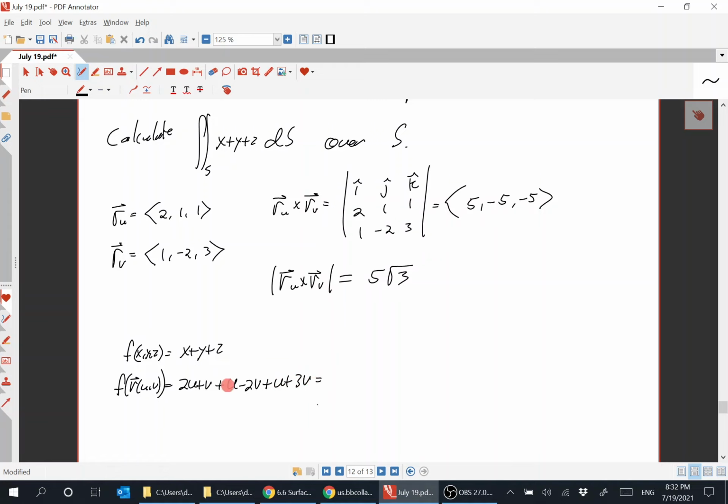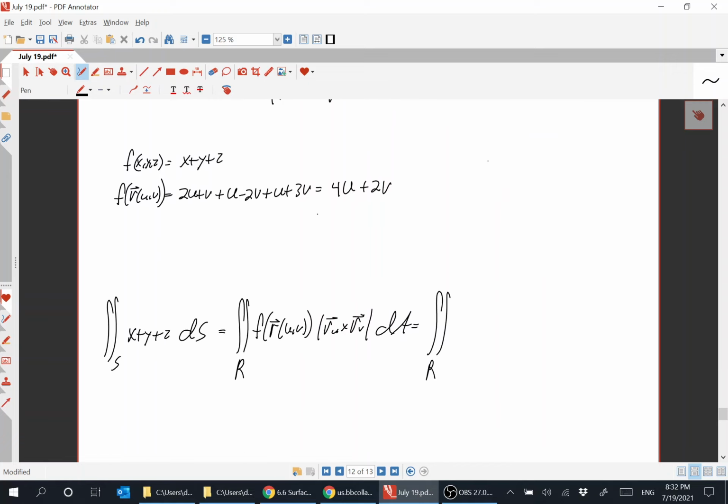So this is equal to 2u plus u plus u, that's 4u, plus v plus 3v minus 2v, so 4u plus 2v.